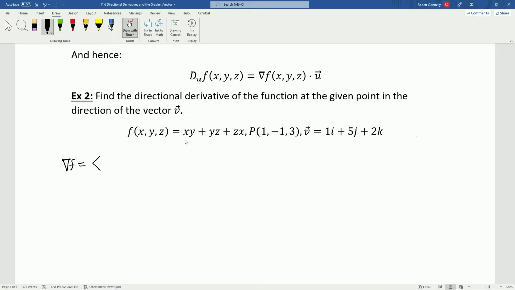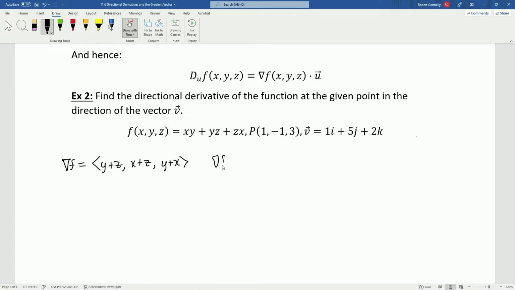So the partial derivative with respect to x is going to give me y, these will both be constants, plus z. And now the partial derivative with respect to y is going to give me x plus z, and that'll be 0. And now the partial derivative with respect to z is going to give us y plus x.